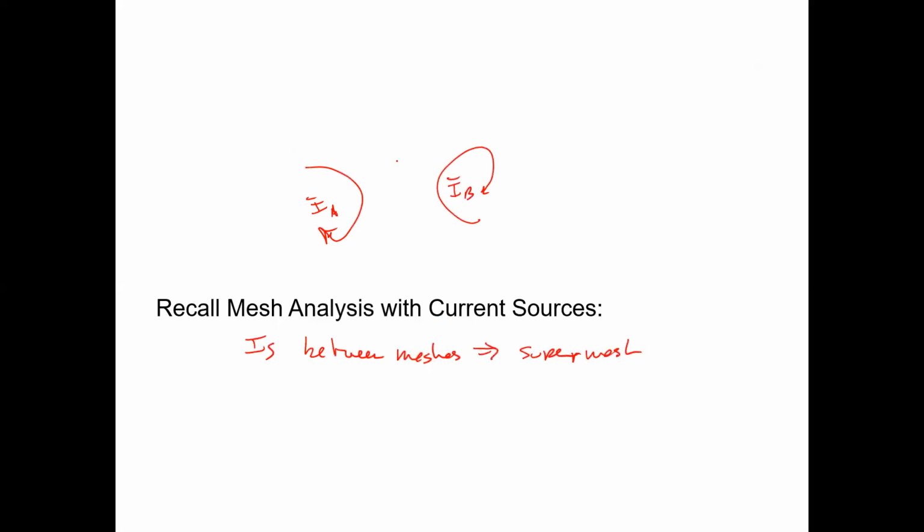Likewise, the super mesh is when you have a current source between meshes. In that case, the super mesh is the recommended approach. And so that's a situation where you've got like an IA and IB, and there's some current source here, which is say 8 angle 30 degrees.